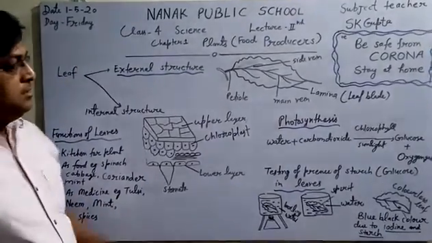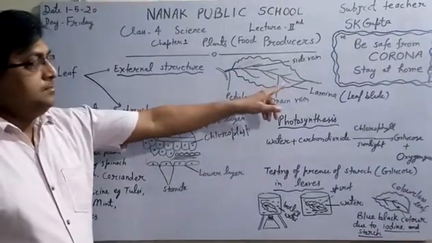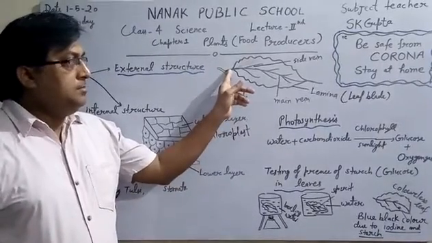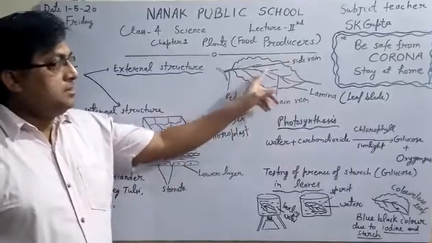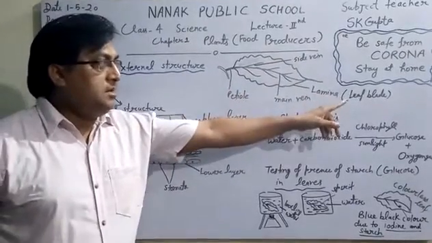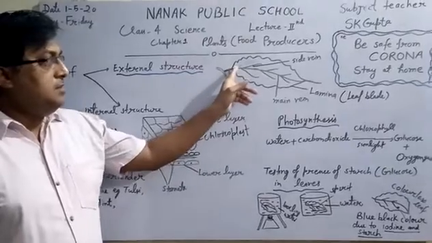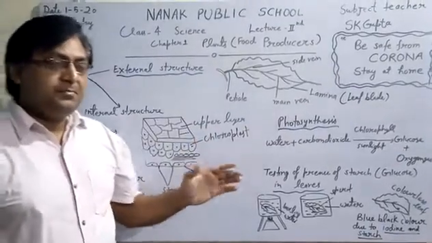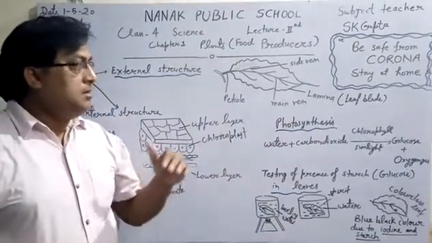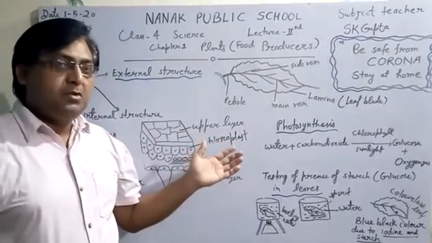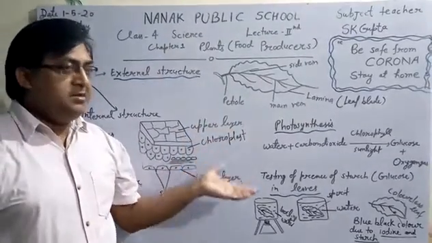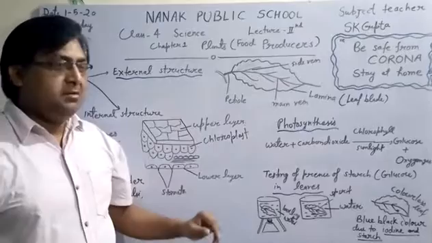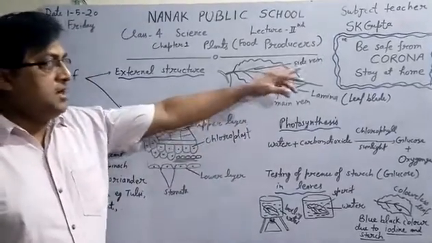Externally, this is a leaf which has a petiole. The greenish part is the lamina, that is the leaf blade, and in the middle there is a midvein which conducts minerals and water to the leaves, and then the prepared food is conducted to other parts of the plant. These are side veins.